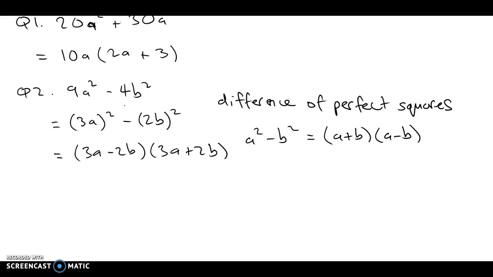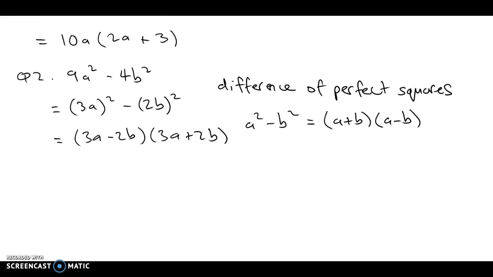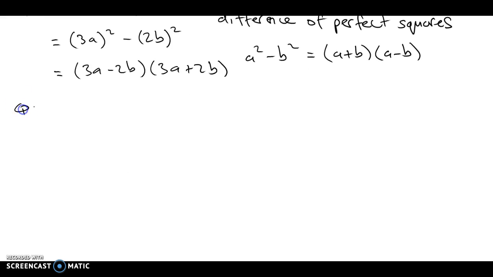Let's have a look at another one that's a little bit more difficult. Question 3. Factorise 12y squared minus 1200. Now, remember, the first thing we want to do, if possible, when factorising, is to take out the highest common factor. If you can do that, then that is always your first step.